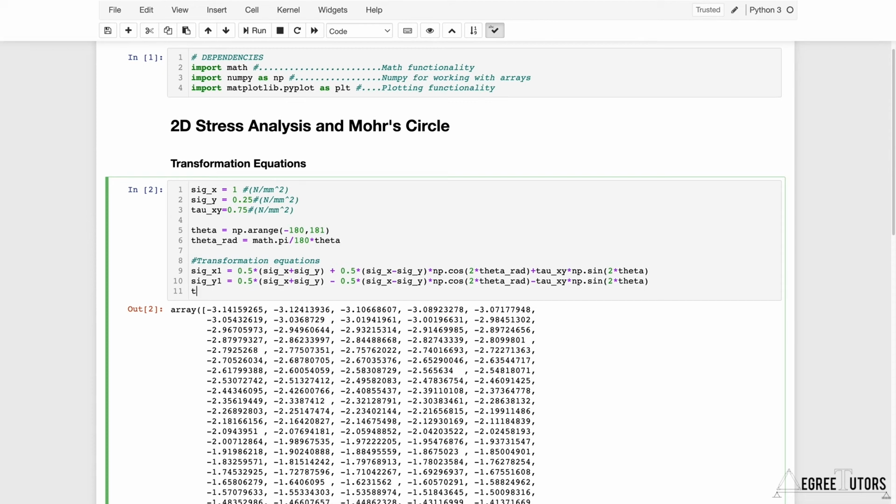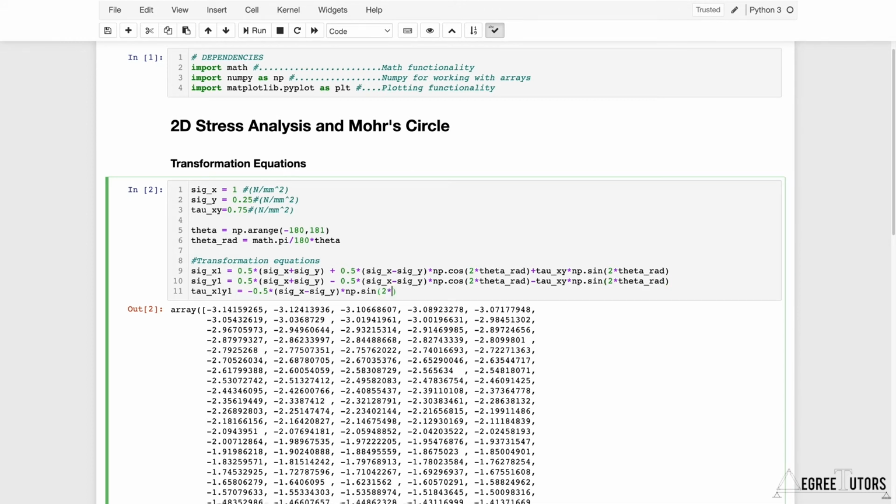And now let's get the third one. So we'll say this is tau x1 y1. Right, so this is equal to minus 0.5 times sigma x minus sigma y times np dot sine of 2. Oh, now I spotted an issue. That should be theta in radians, and this should be theta in radians.